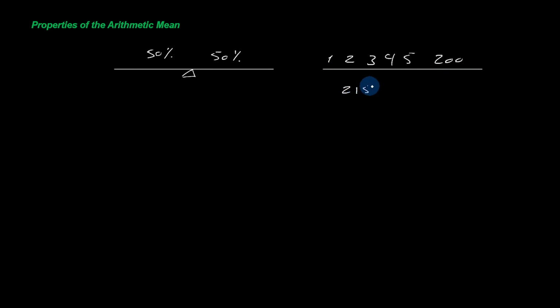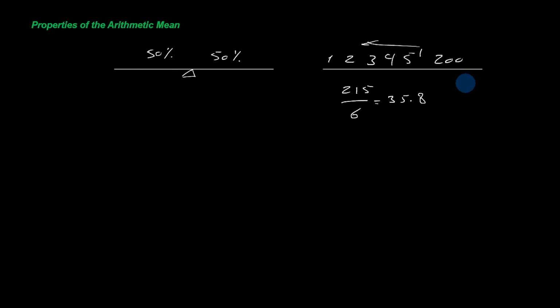That'll be 215. We sum it all up, divide by the total number, that will be 6. So we get 35.8, right? Now, as you can see, it's very clear here that out of the 6 observations, 5 of them are less than the mean. Only 1 observation is more than the mean. So clearly that 50-50% split is wrong.